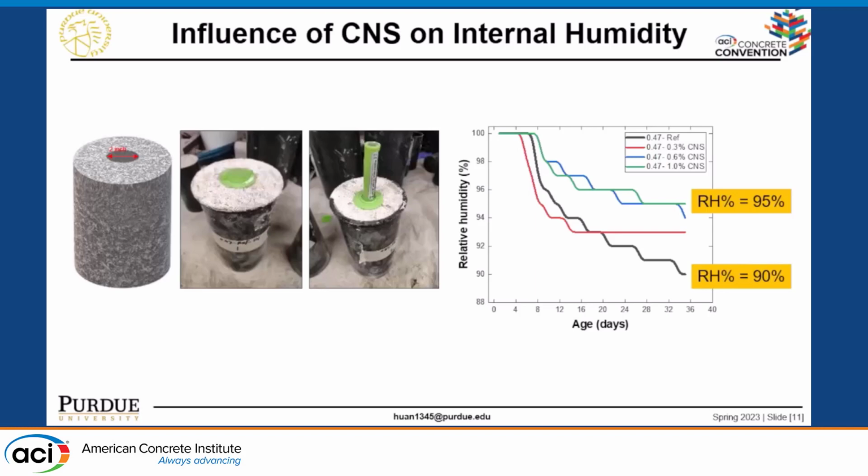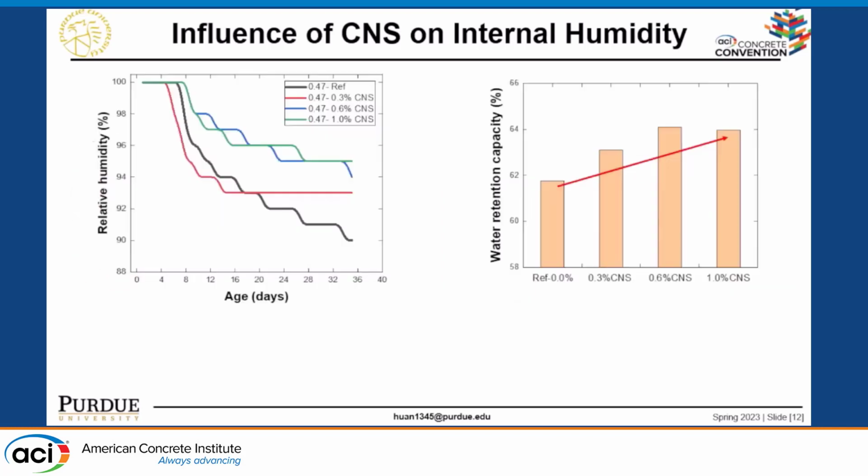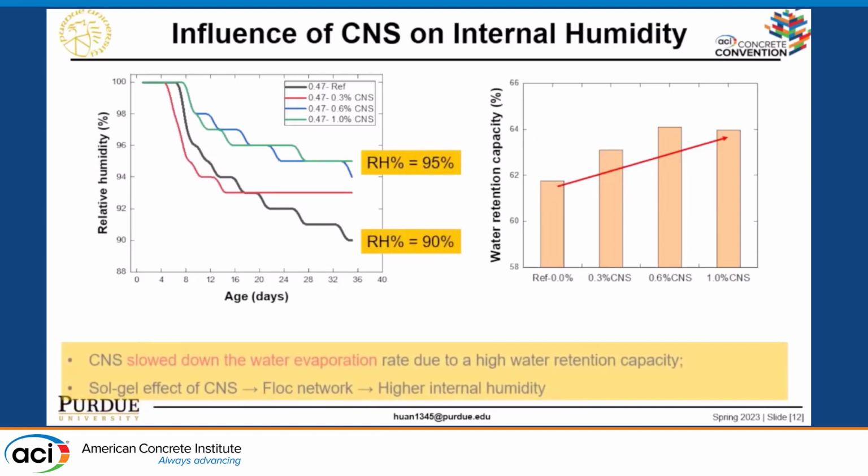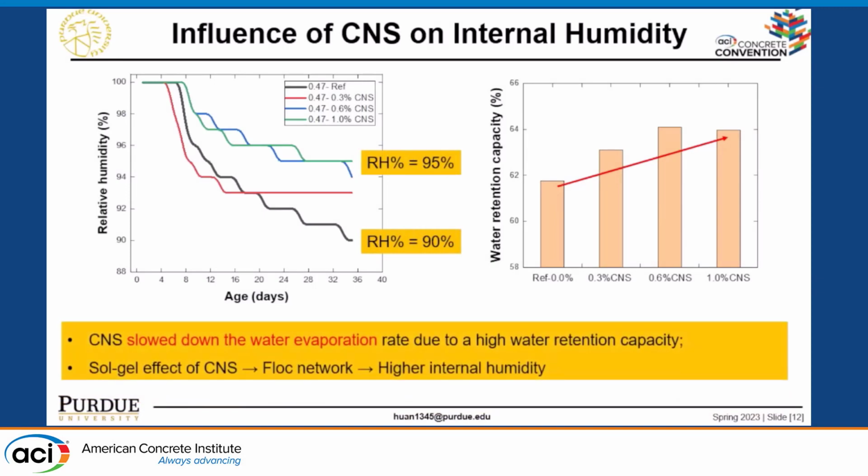We believe that, as we mentioned before, the nanosilica will form a physical network inside the concrete system when in contact with pore solution. This network slows down the diffusion of ions and water, and reduces the evaporation and release of the water.